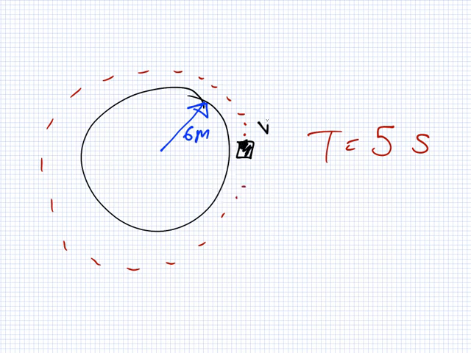And I want to know what is the V of the car. How fast is it going around the roundabout? So I think you can do this. Have a look at your formulas. You have T and you have R. You should be able to get V. Give it a try.